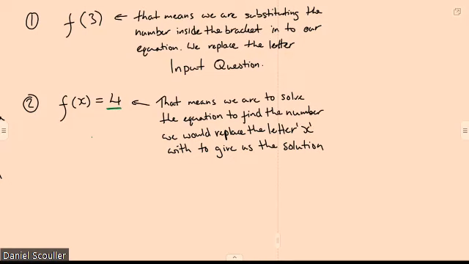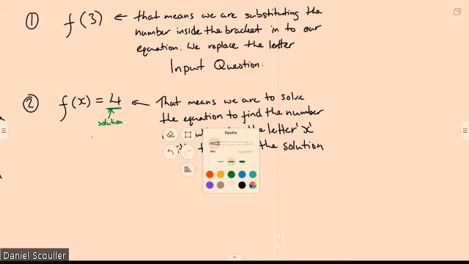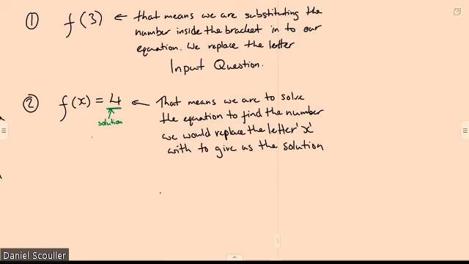That number 4 is the solution. That's the answer to the function. So what are we putting in place of x to give us the number 4 as the answer? This is an output question.